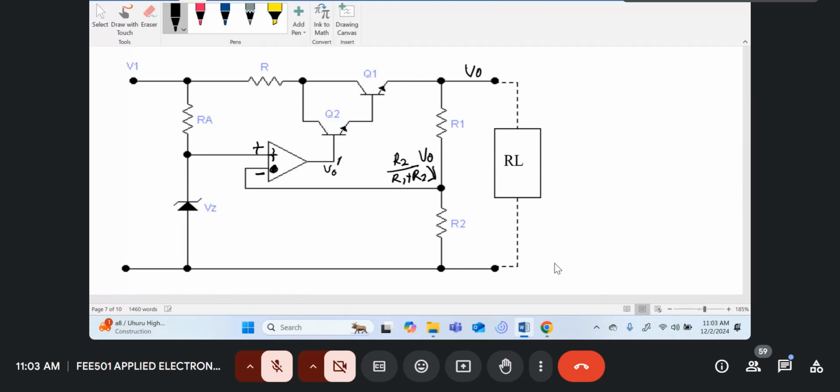Okay, and we'll simplify it as beta V naught, where beta is R2 over R1 plus R2. It is the sampling fraction.